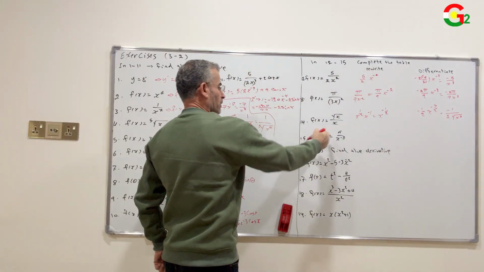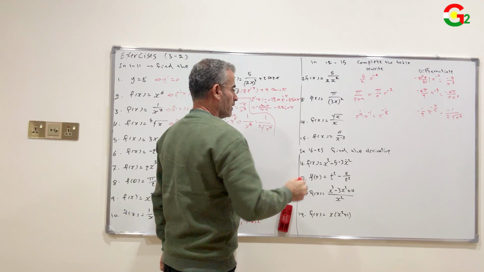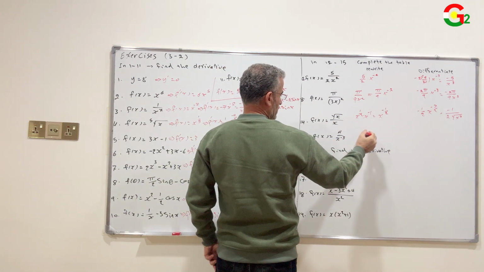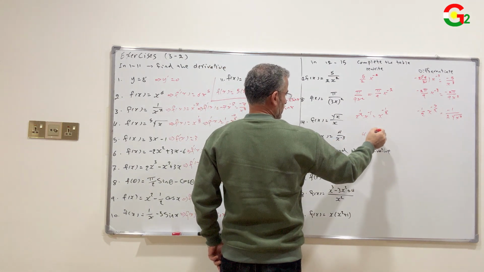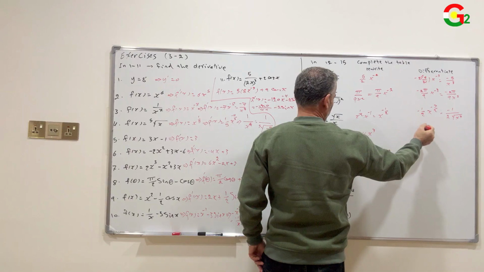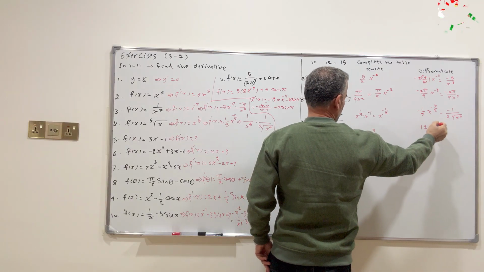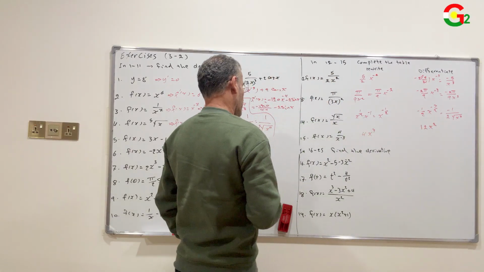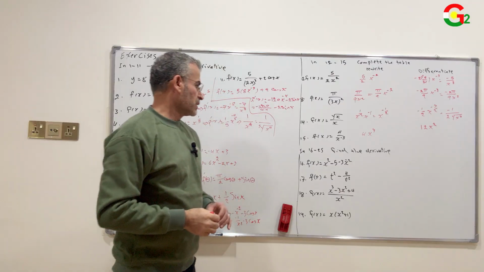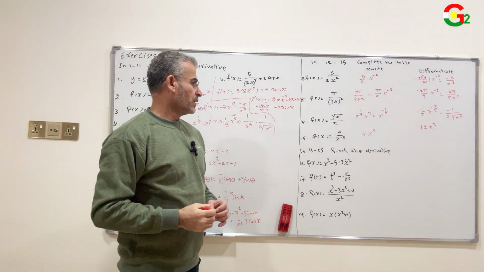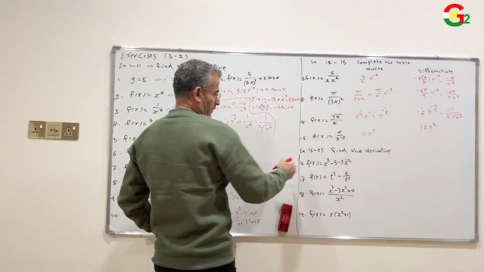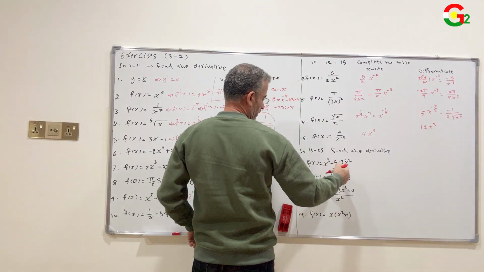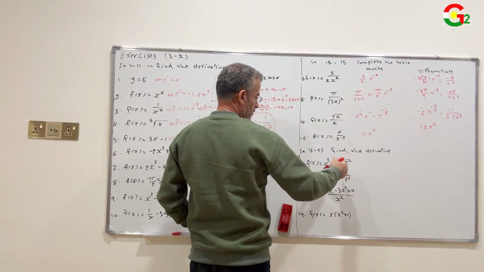f of x equals 4 over x to the negative 3. Rewrite it as 4x^3. The derivative is 12x^2. Question number 16 to 25: find the derivative. f of x equals x^2 minus 5 minus 3x to the negative 2.